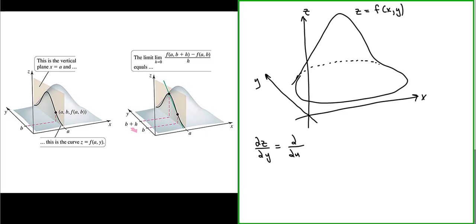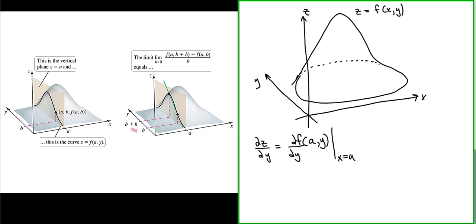That partial derivative of z with respect to y will be found by treating x as a constant. So we'll just pick a value of x. We'll say a. We'll treat the value of x as a constant while allowing y to vary. So in other words, x is a constant.